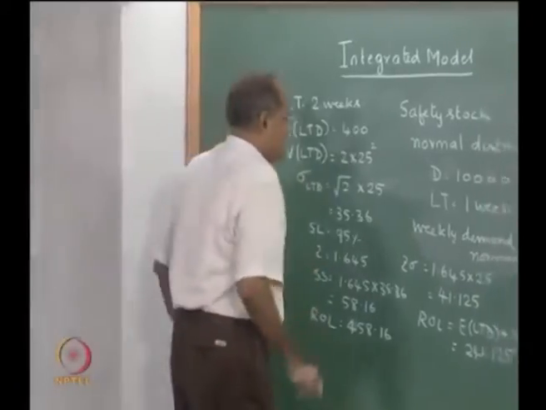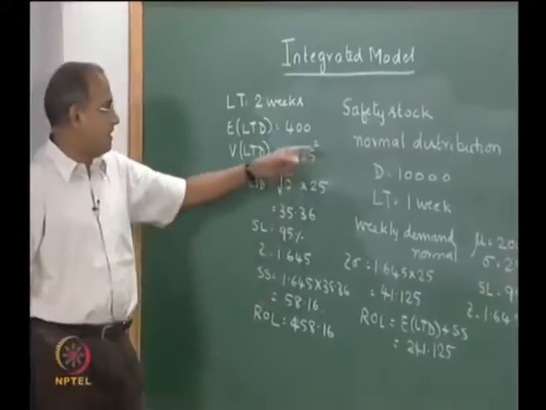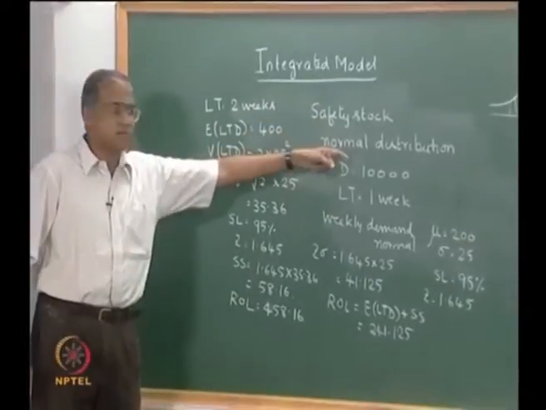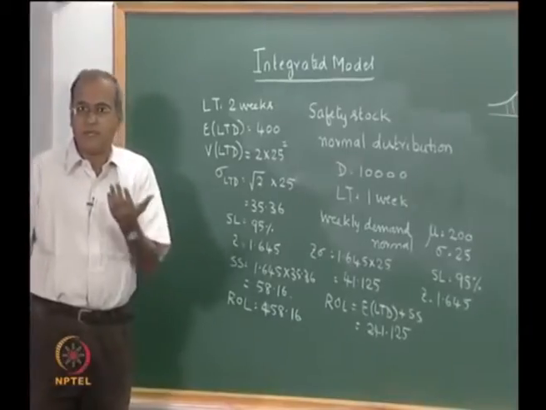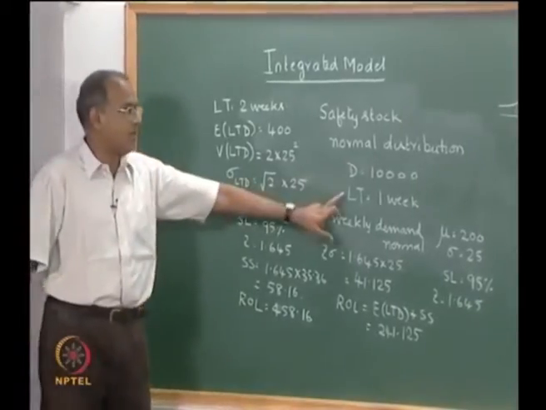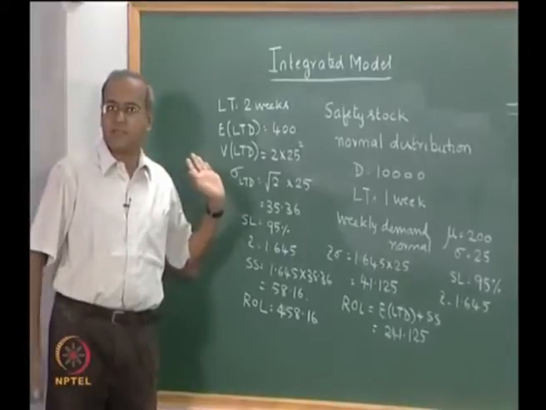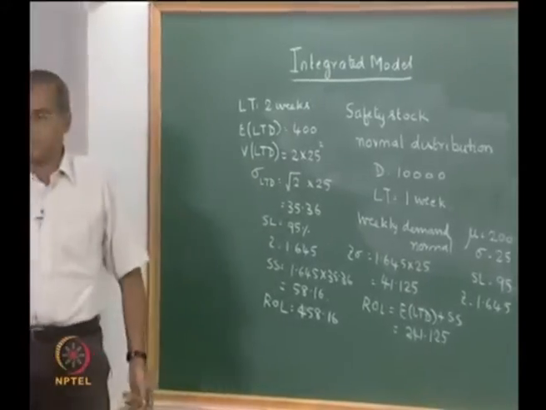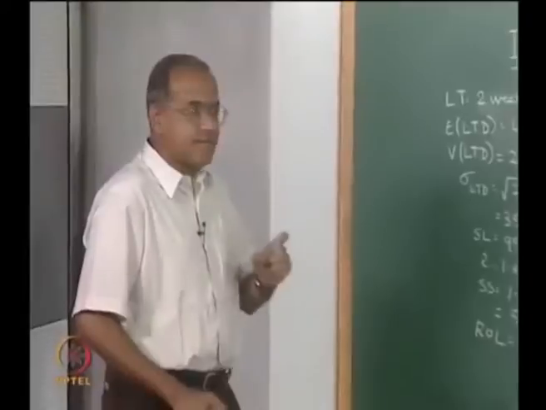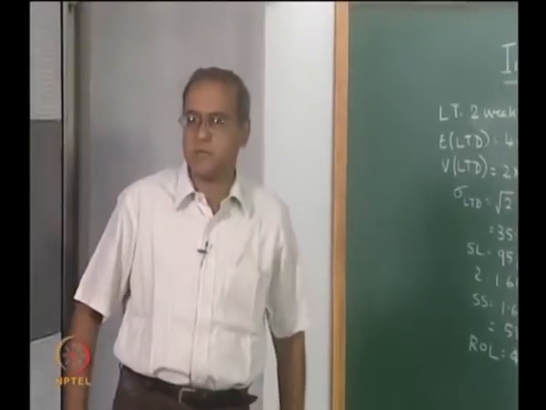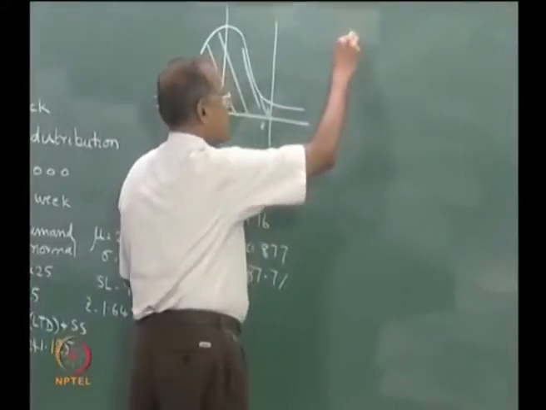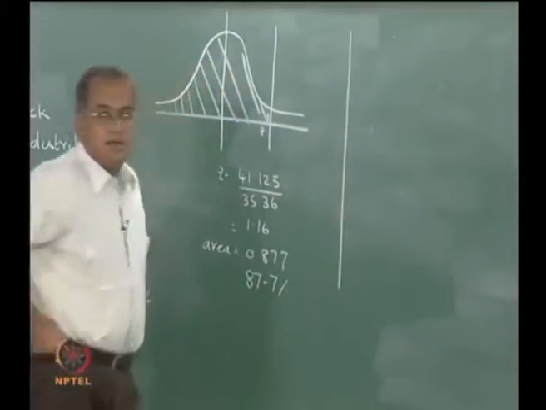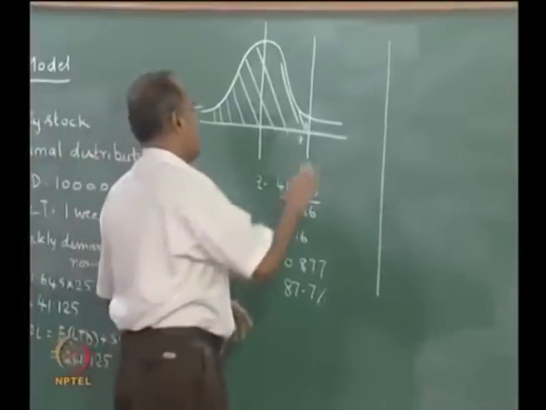In both the cases, while the demand followed the normal distribution, the lead time was deterministic: 1 week in one case, and 2 weeks in the other. Now, if the lead time also follows a certain distribution, then what happens? Let us call this the demand during a week.